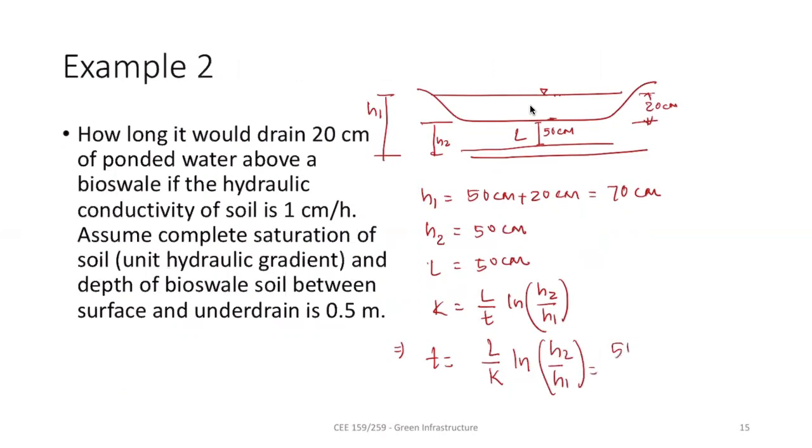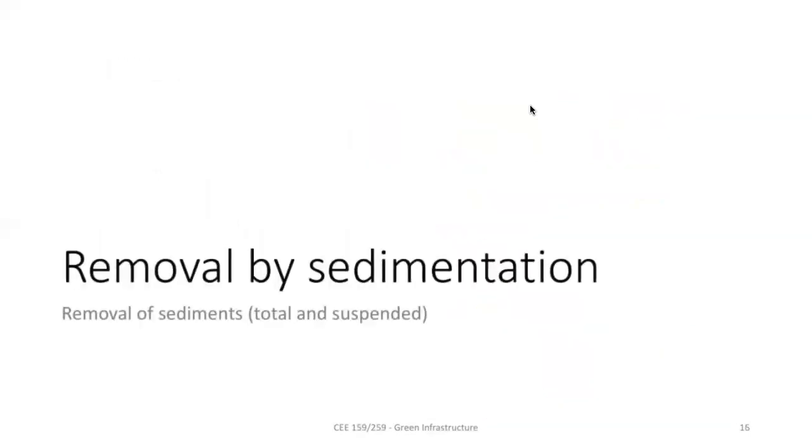L is 50 centimeters, K is 1 centimeter per hour, and ln H2 over H1, where the final height is H2, is 50 divided by 70. You should get that answer here in terms of hours. So that concludes our segment on hydraulic conductivity.